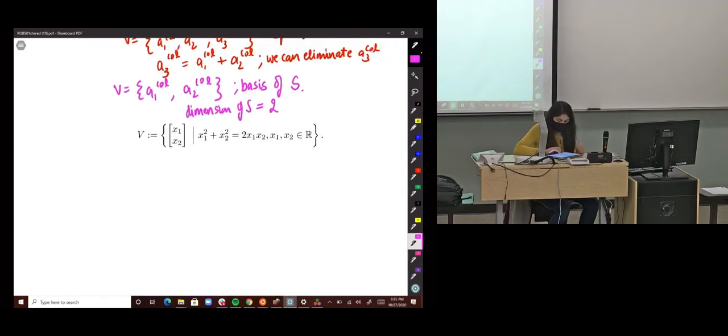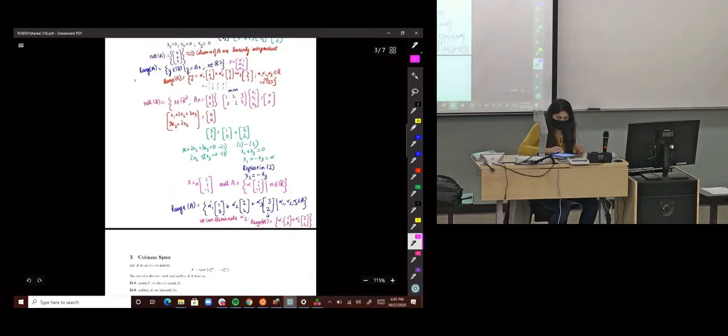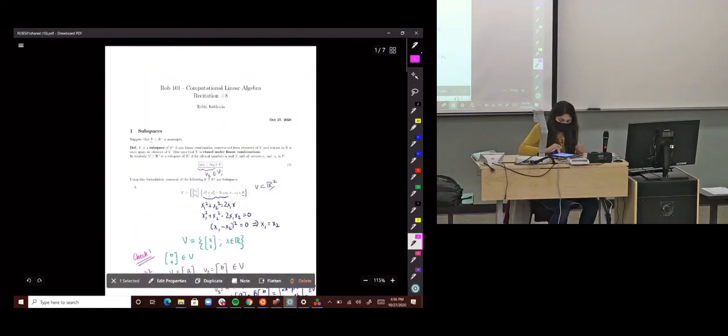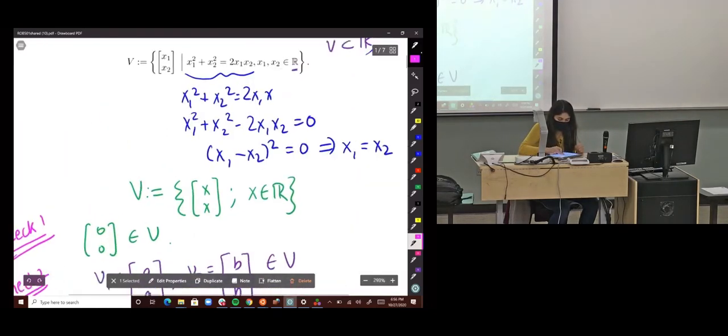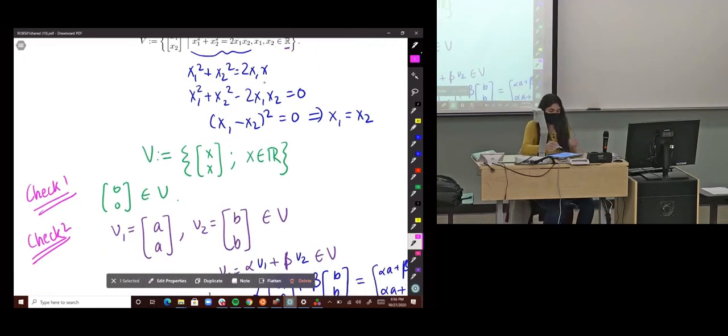So we opened this up as a square in the first problem that we solved. So this one right here, the set V that we defined, we called it x1 minus x2 whole square, and we find out the set V is basically the set where both x1 and x2 are equal to any number x.